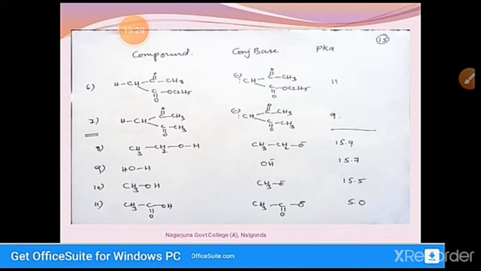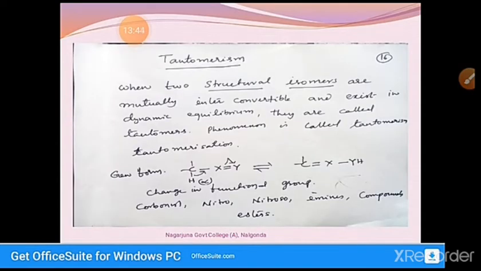By observing the pKa value, you can say whether it is a strong acid or not, whether the particular hydrogen is acidic in nature or not. If the pKa value is lower, we can say it is a stronger acid. This is about the acidic nature of different hydrogens.